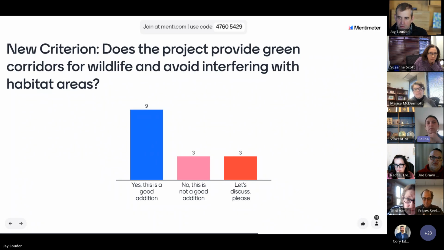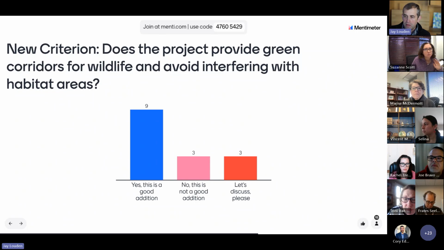Yeah, and when people were discussing this, they mostly brought up birds, like migratory patterns. That was what most people were talking about here. Sarah had the comment, I don't like the word interfere, maybe negatively impact. I think that could clarify that a little bit.